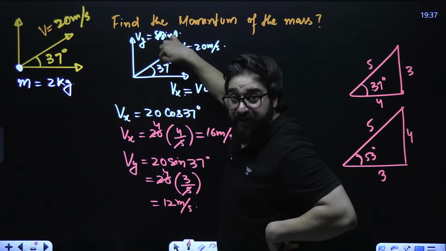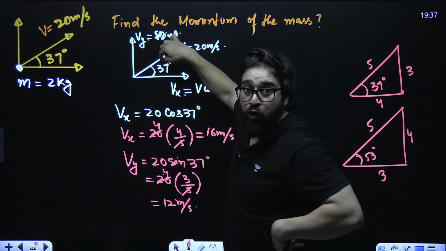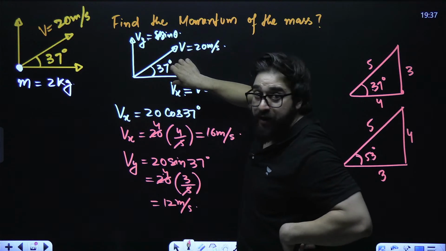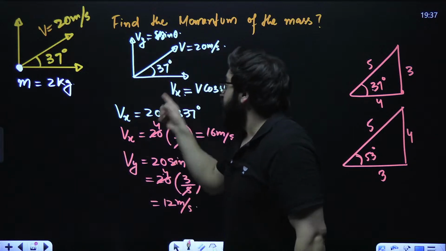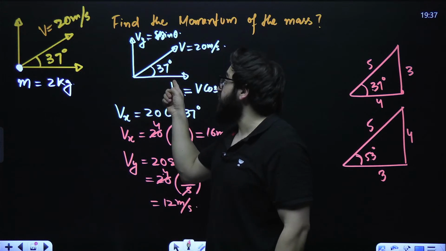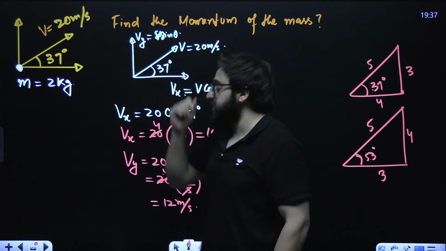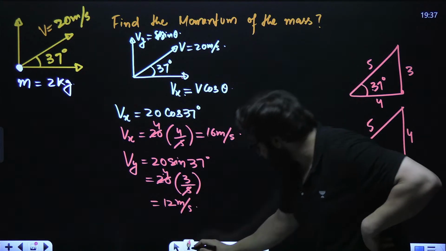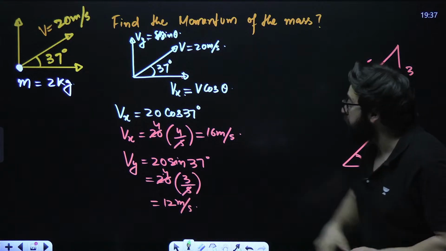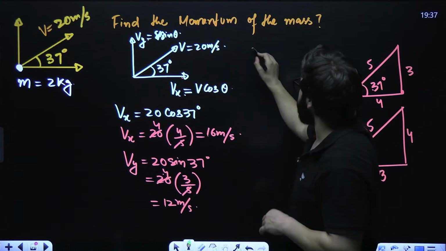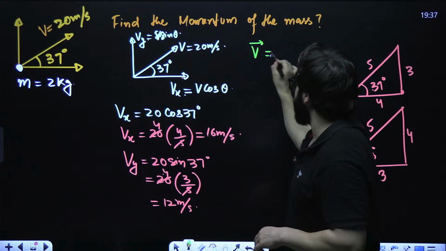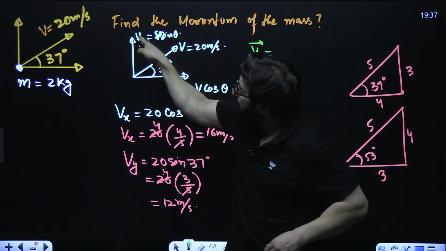If the vector is resolved in two components, this one and this one, you can also say that if we join this and this, their resultant will be this. So I can write over here, this vector V is equal to this vector plus this vector.